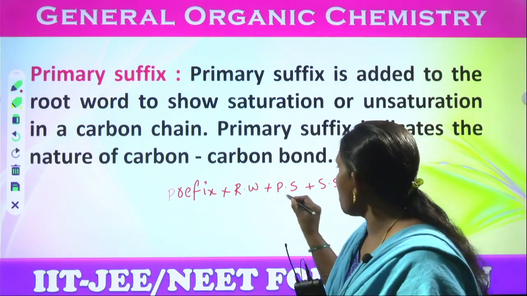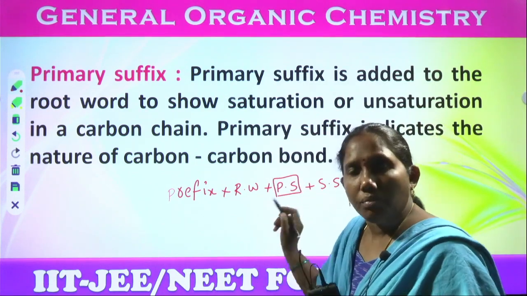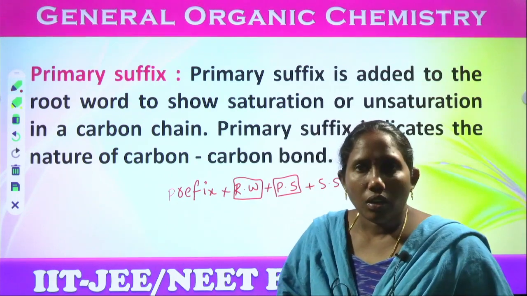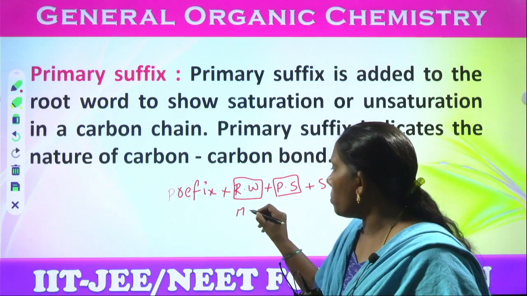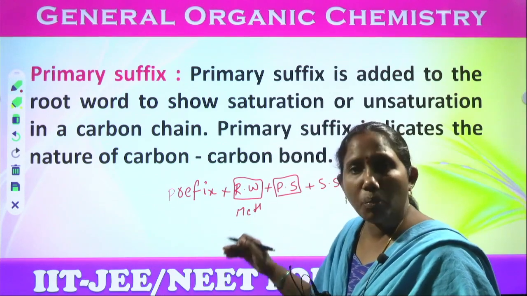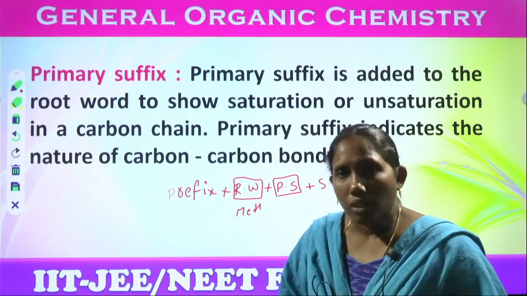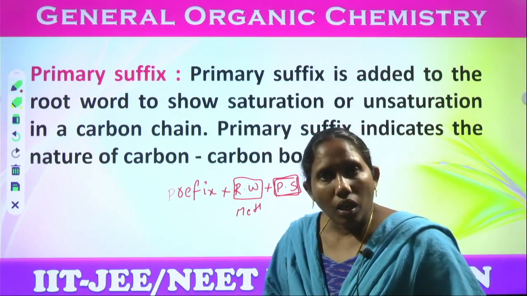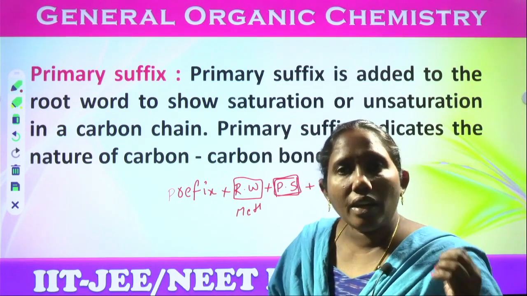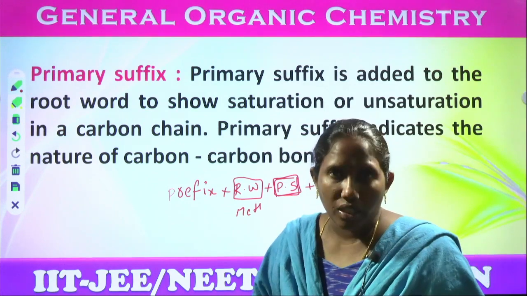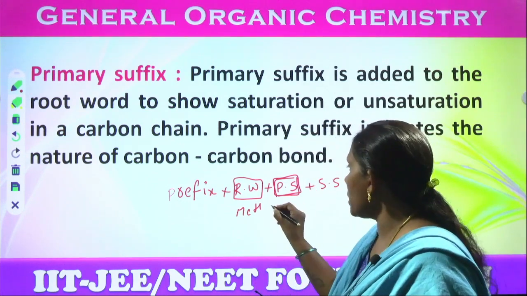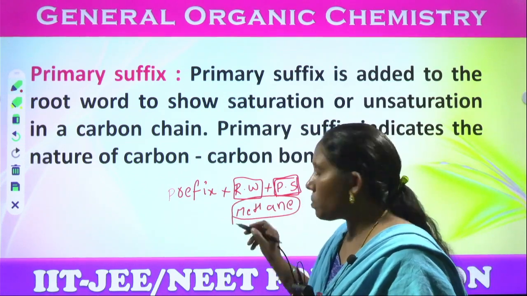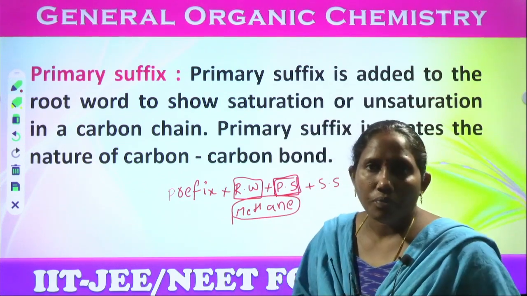So this primary suffix is always attached to the root word. Root word is nothing but the number of carbons. It will be either meth, eth, prop, but like that, right? So what does primary suffix mean? In a given compound, if all single bonds are present, then the primary suffix will be ane. Then the root word plus primary suffix will be methane.